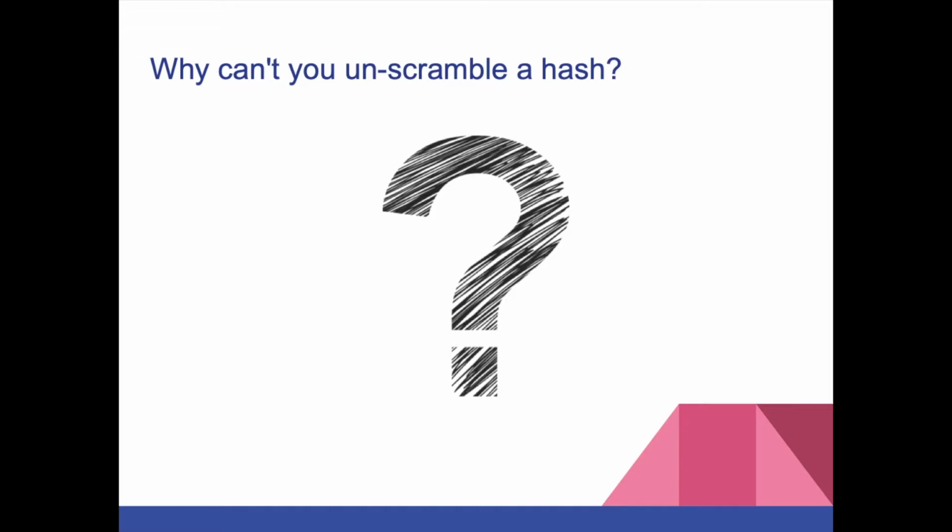So, I said that you can't unscramble the output from a hashing algorithm. Why is that? Well, it turns out that hashing algorithms lose information during this scrambling process. Since information is lost, there's no way to unscramble the data. Some of the necessary information has gone missing.